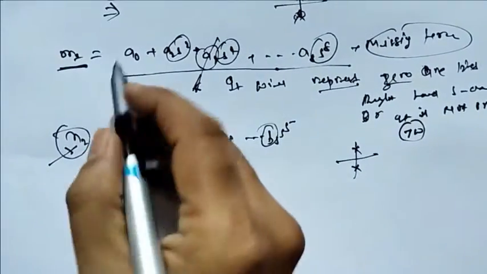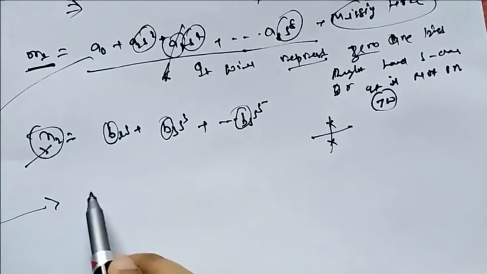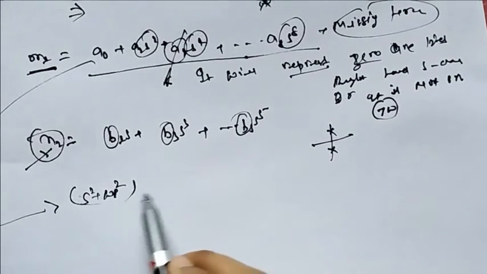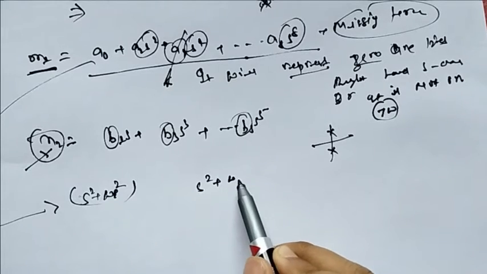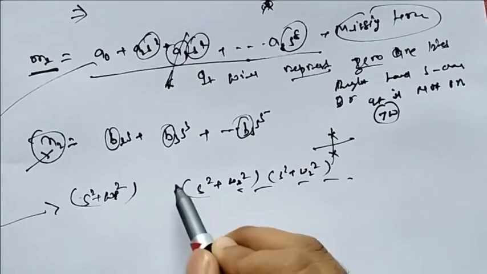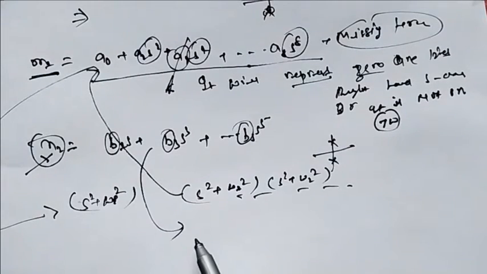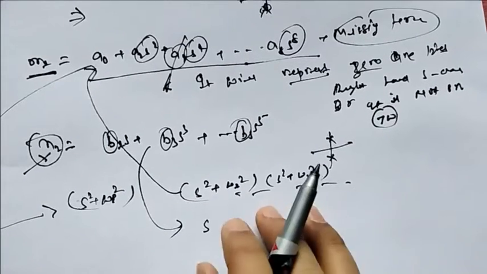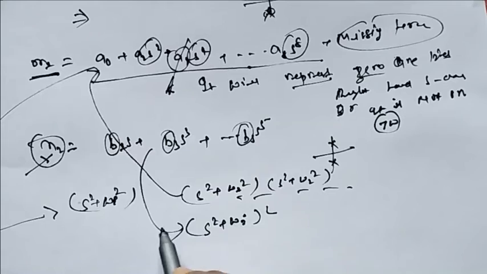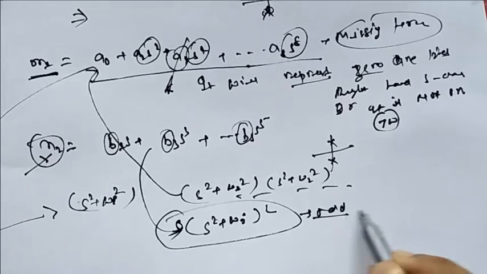Now this type of equation can have a form of s square plus omega i square. If you multiply, suppose, s square plus omega 1 square and s square plus omega 2 square, then this type of multiplication will only give you a numerator function, and the denominator function will also be of this kind of nature, s square plus omega i square, and if you multiply by s, it is going to give you odd value.